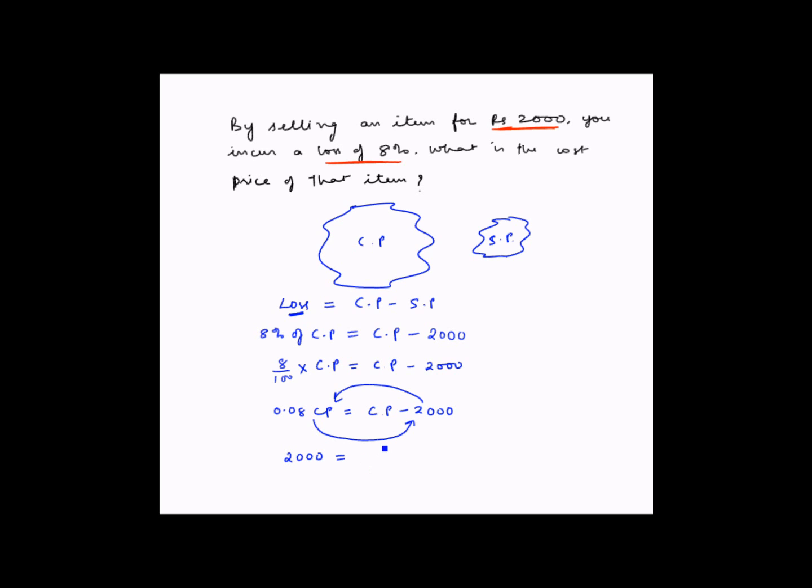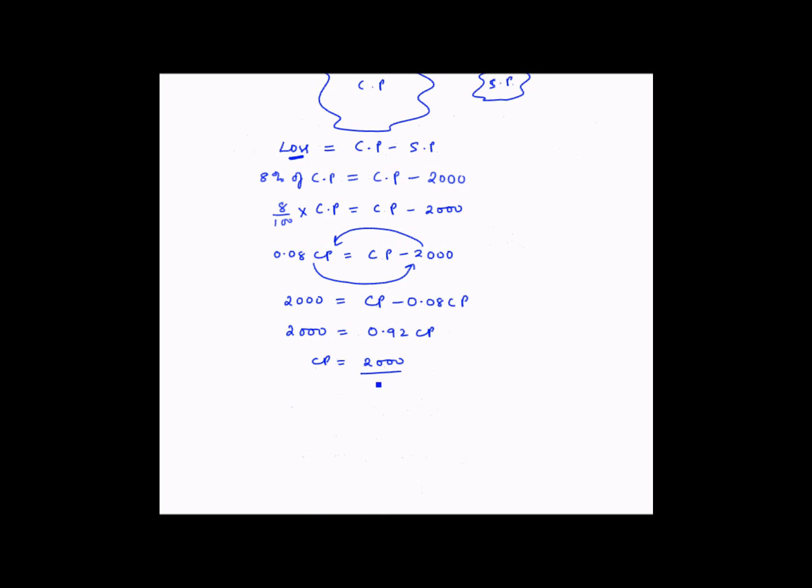So our new expression will look like 2000 is equal to CP, which remains as is, and 0.08 CP, because we are bringing from left side to the right side, it becomes minus 0.08 CP. So 2000 is equal to, so 1 minus 0.08 is 0.92 CP, or CP is equal to 2000 divided by 0.92.